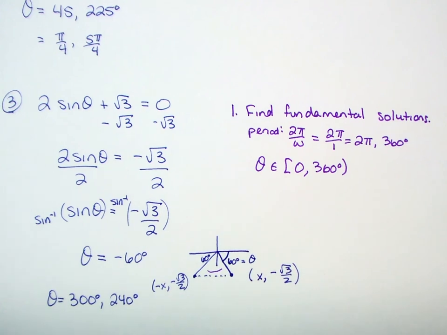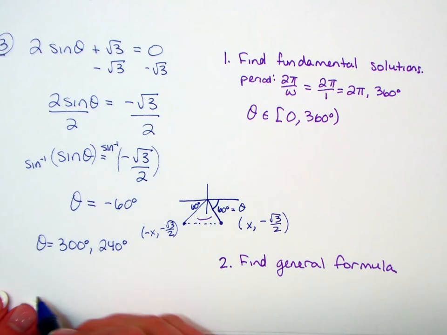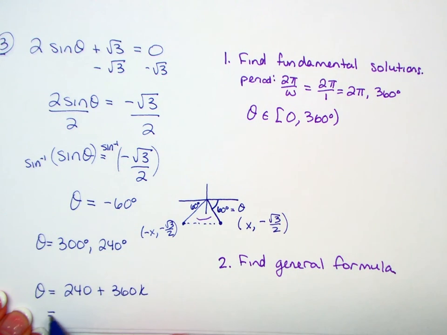So here's our 2 fundamental solutions, and then the second thing I want to do always is find the general formula, which is adding the period to each one of our fundamental solutions, right? So we're going to get theta equals 240 plus 360k, and theta equals 300 plus 360k, right?